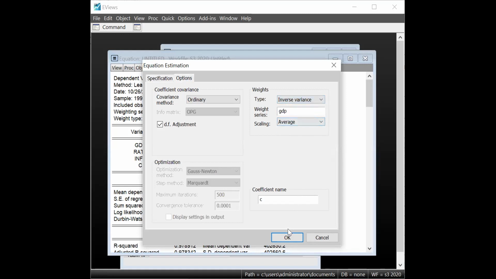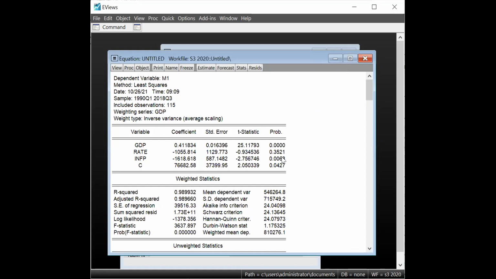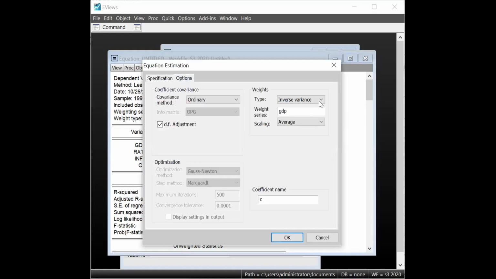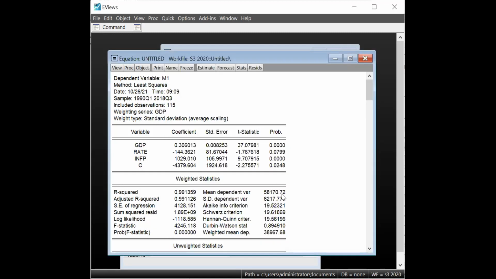Inverse variance: not significant for the interest rate, even at 5%, 10%. Okay. Standard deviations, we get the previous one there, which is better than the other model.